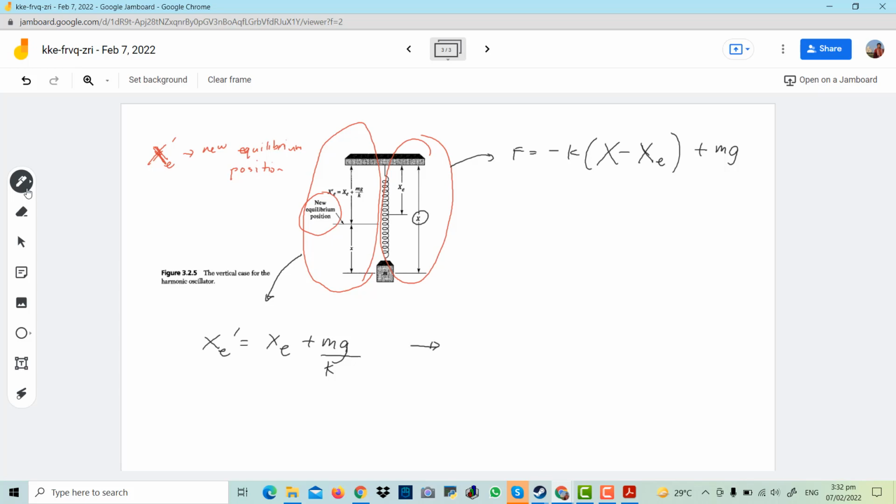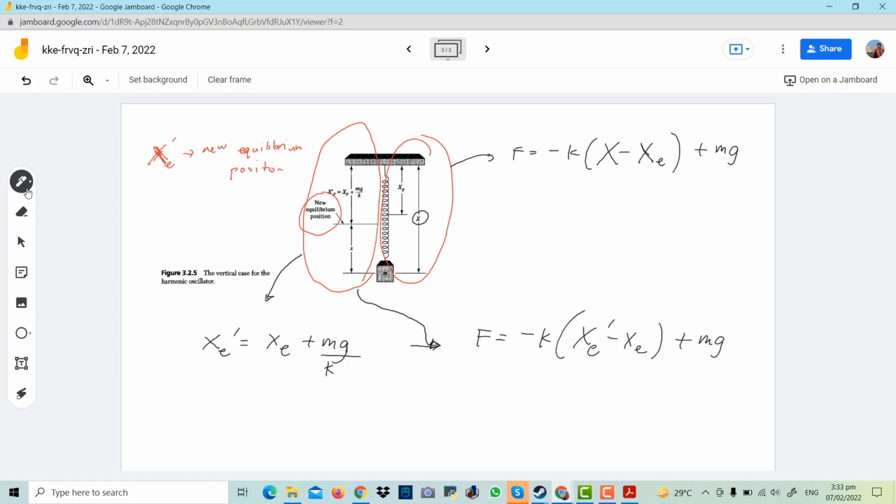So therefore, based from this, I can solve for f equal to this. F equal to minus k xe prime minus xe plus m times g. Sakto ba? I can solve for the force in terms of this new equilibrium position. F is equal to minus k xe prime minus the old equilibrium position plus the mg.